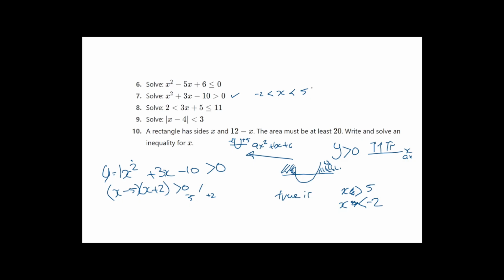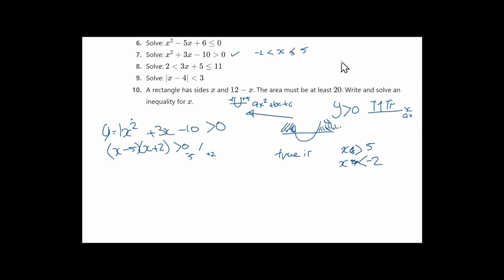All right, this one here. Solve this inequality. How would we do that? Well, 2 is less than 11, so we don't need to worry about the 2 and 11 bits.